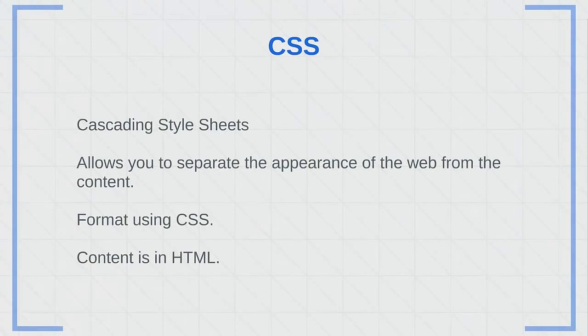The other language that's critically important here is CSS, cascading style sheets. Because they exist, they allow us to separate the appearance of the web from the content of the web. So if we want to format how something looks, we do it in CSS. The content's in HTML. That's powerful.